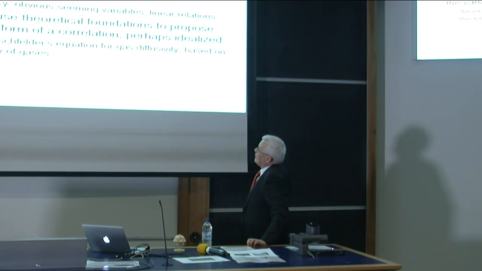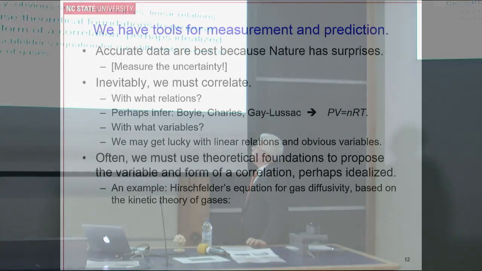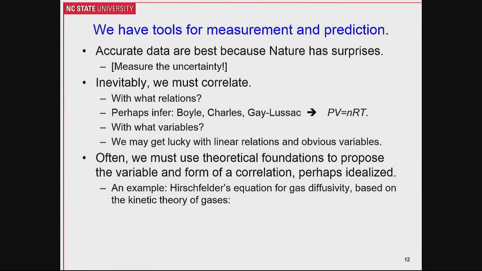An example, Joe Hirschfelder's equation from the 40s, derived from kinetic theory of gases to look at gas mass transfer, gas diffusivity. And the structure here, well, there's a leading constant we can fit. There's different forms. But what happens if you have a mixture?